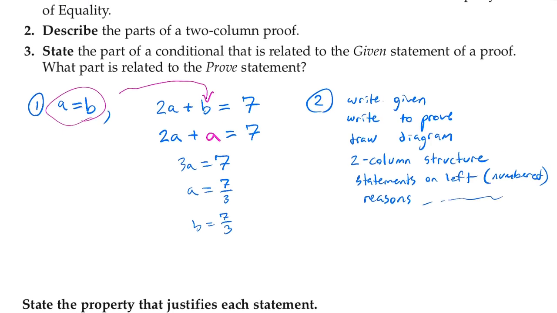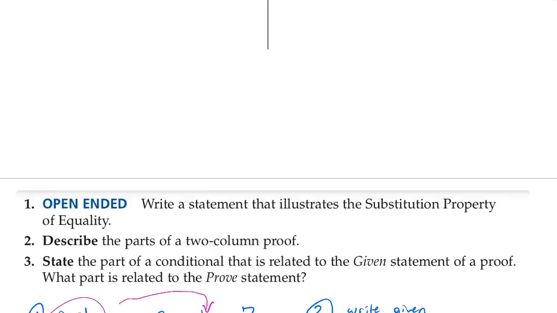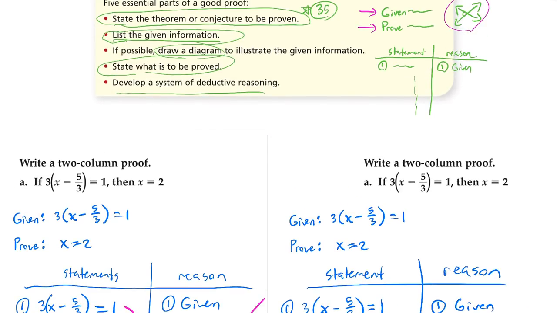What about number 3? State the parts of a conditional that is related to the given of a proof. And what is the proof? Well, that actually came up right up here. So if this is true, then this is true. So remember that the if part is called the hypothesis, and the then part is called the conclusion.